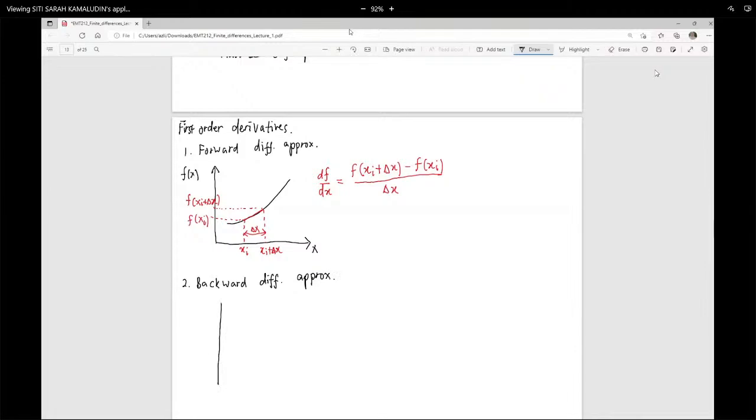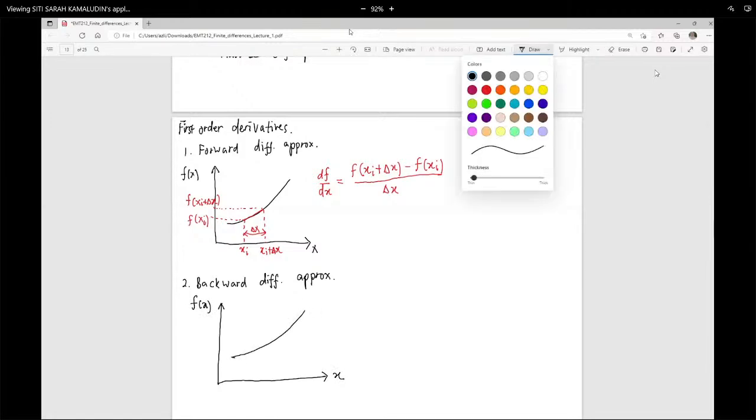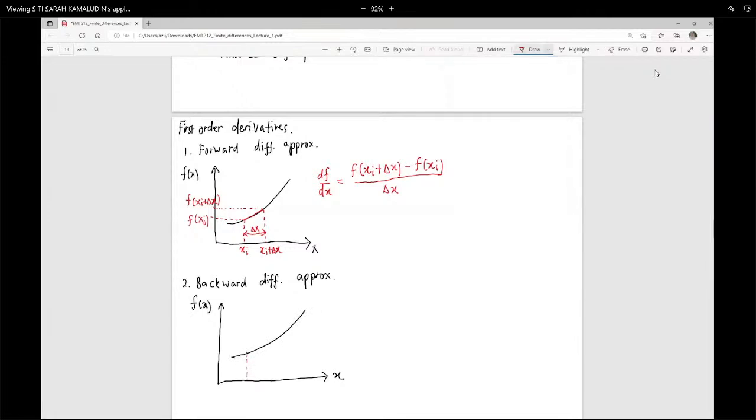So again, we plot our function fx, and this is xi.